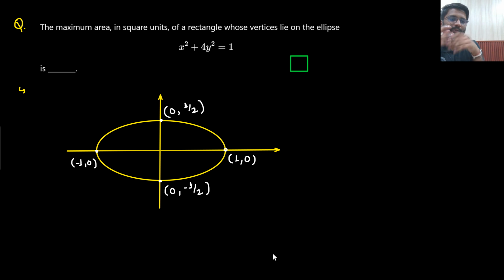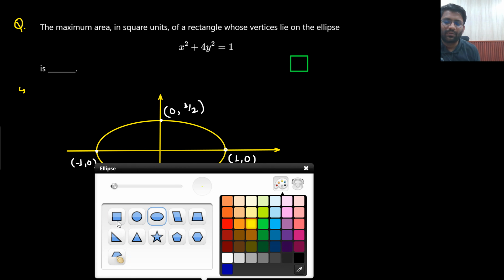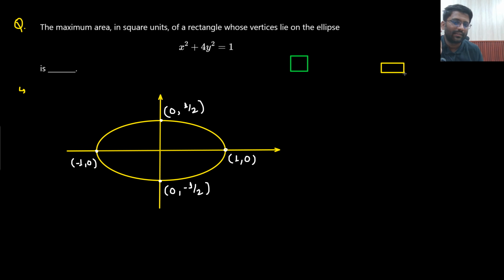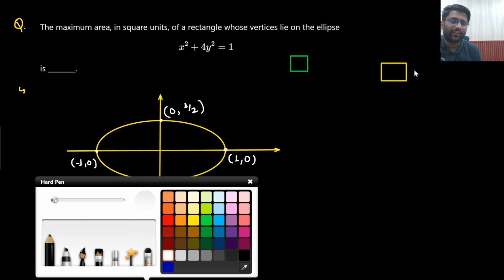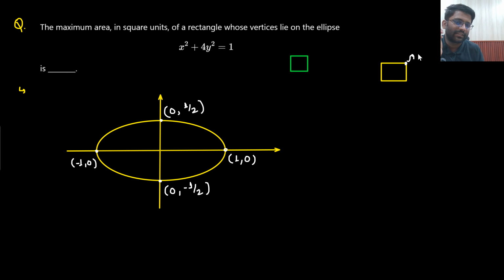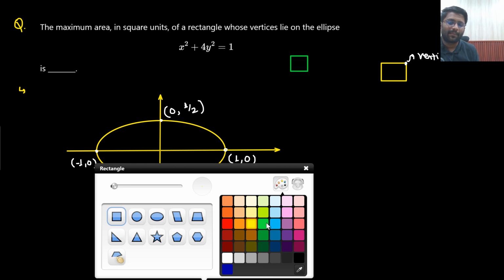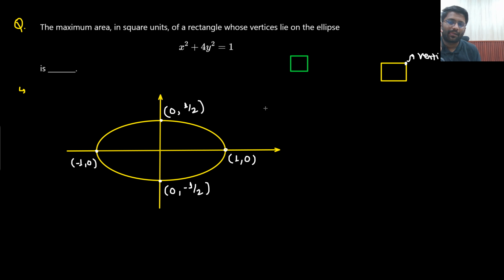Now you need to make a rectangle whose vertices lie on the ellipse. This is a rectangle, no? These are known as vertices. These vertices should be lying on the ellipse. Then this is how I will make it. Say yes or no.